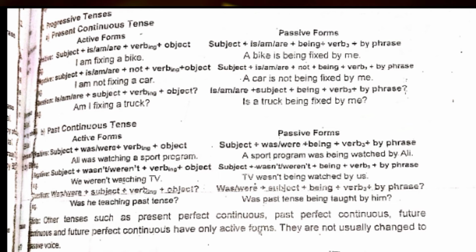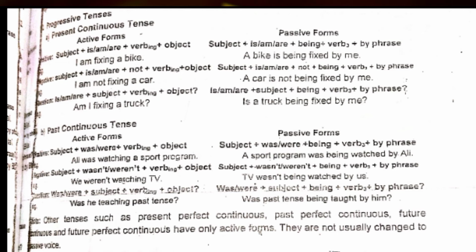Then a negative example: I am not fixing a car. What is the passive form? A car is not being fixed by me. Question sentence is am plus subject plus verb-ing plus object. Am I fixing a truck?